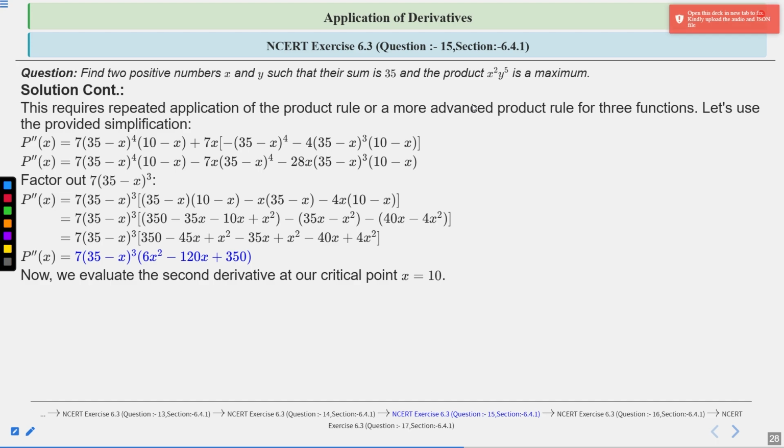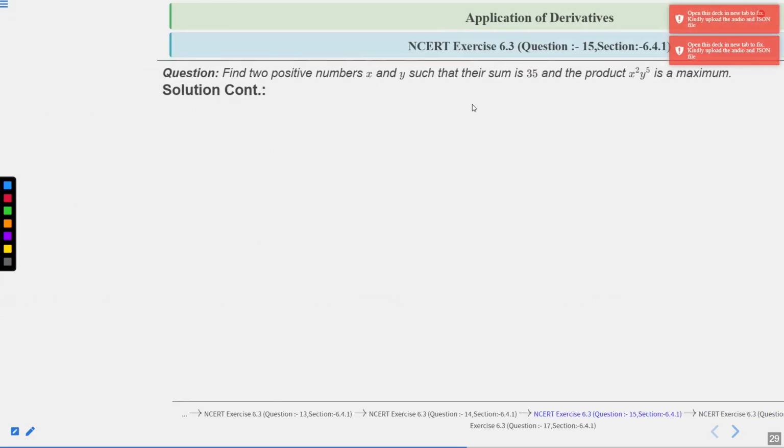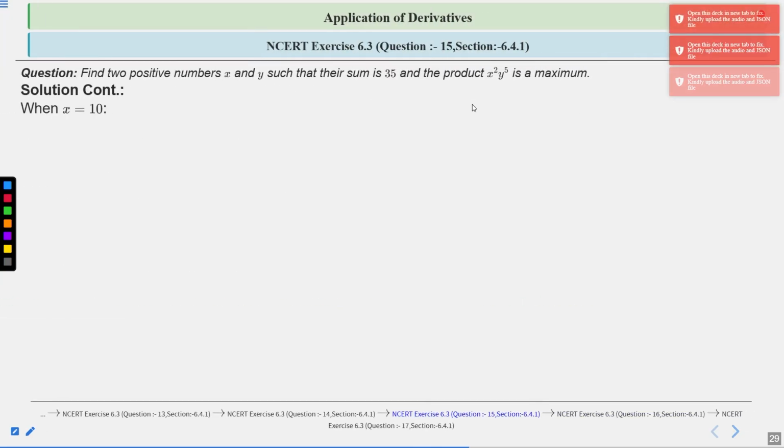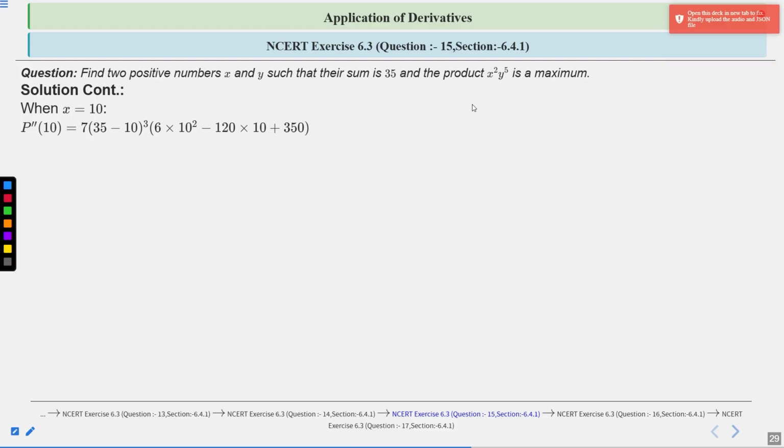Now we evaluate the second derivative at our critical point x equal to 10, right? When x equal to 10, p double dash 10 will be equal to 7 times (35 minus 10) cubed into (6 into 10 square minus 120 into 10 plus 350).